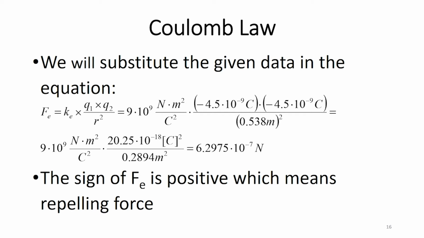We will substitute the given data in the equation Fe equals Ke times Q1 times Q2 divided by R squared. After substituting all the data, we get that the force will be 6.2975 times 10 to the power of minus 7 Newton. The sign of Fe is positive, which means repelling force.